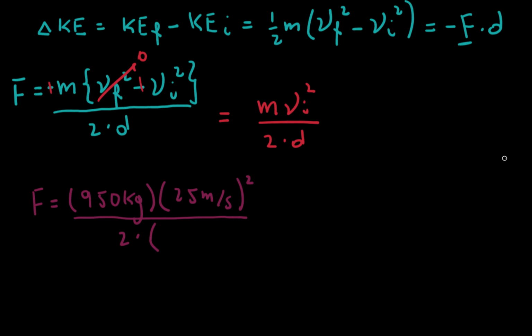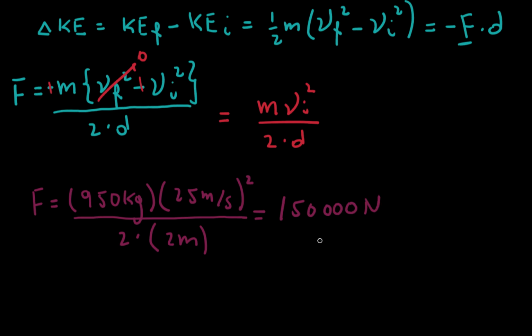Now the distance here is not 120 anymore, it's 2 meters, which I do not recommend trying to stop a car in 2 meters. We're about to find out why. If you square this number and multiply, you will find about 150,000 newtons worth of force.